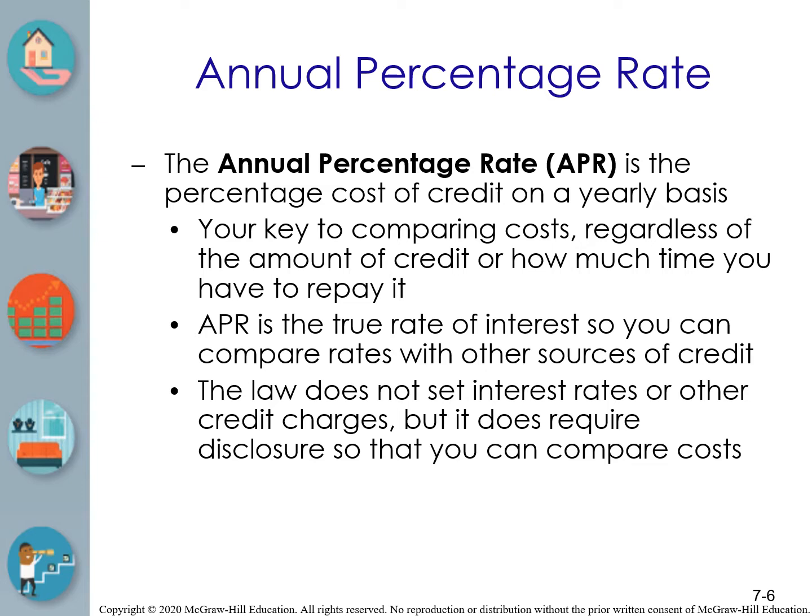Whereas there are some limits to this, the law does not set interest rates. These are driven by markets and by these various financial institutions, and all depending upon competition, really.